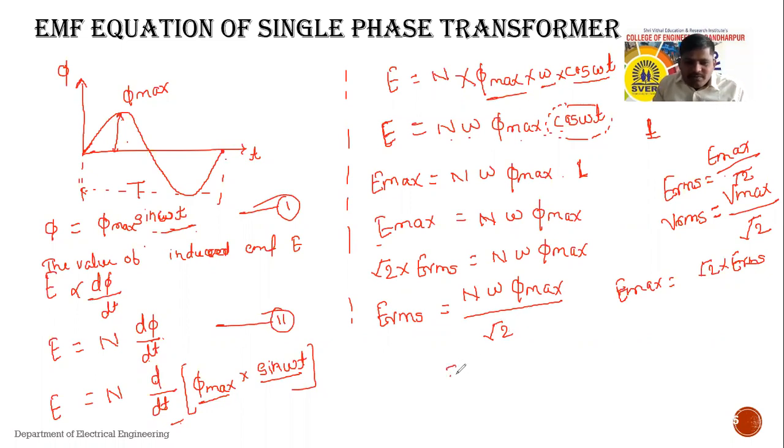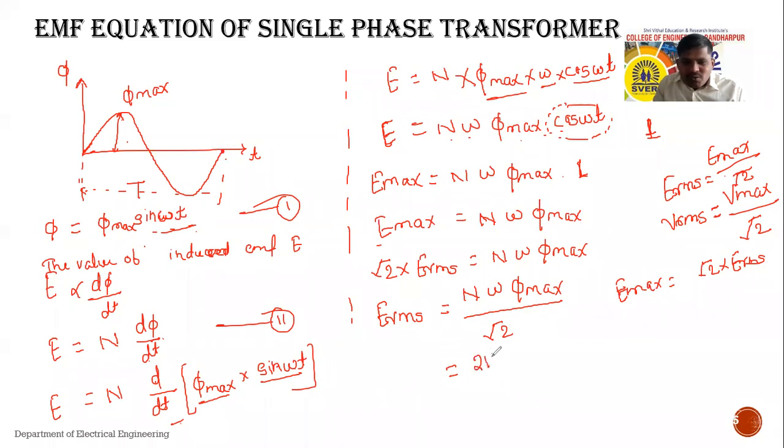Here omega is nothing but the angular frequency. So the formula for omega is 2 pi f. Instead of writing omega, I am writing 2 pi f.